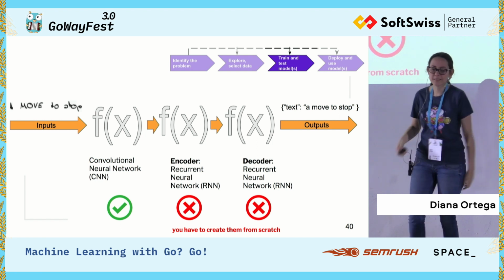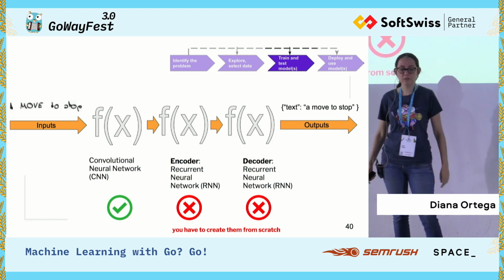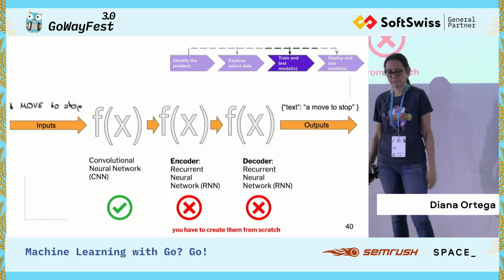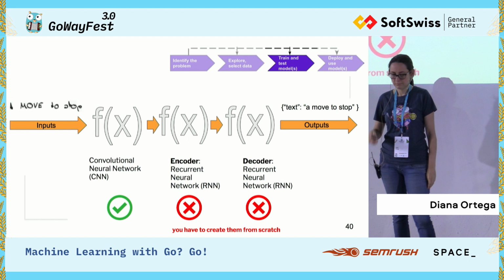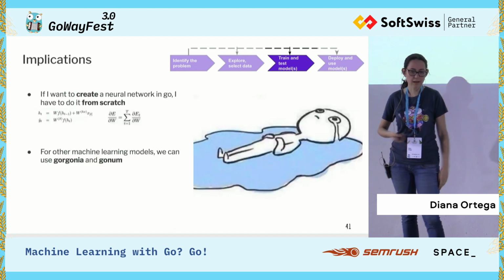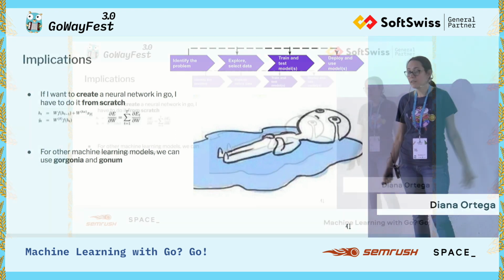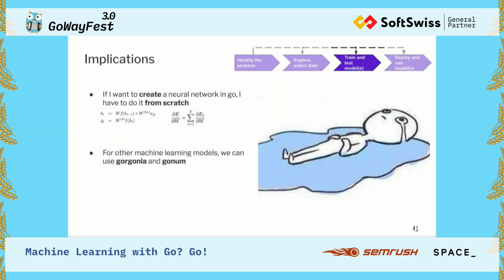So I couldn't implement the recurrent neural network, so I don't have encoder and I don't have decoder. Someday, yeah, it's so sad. I wanted to develop everything in Go, but I couldn't do it.